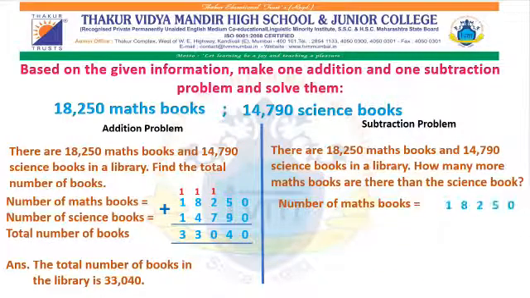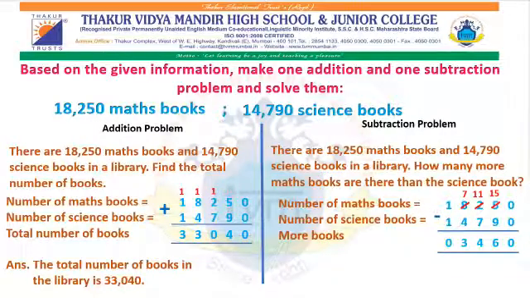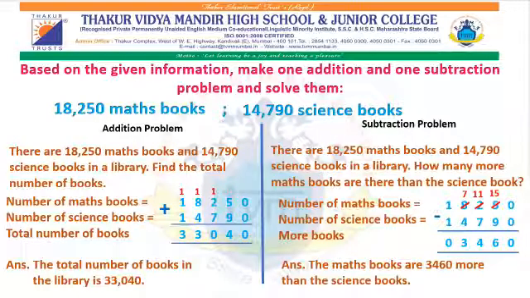Number of maths books, number of science books, more books. So after subtraction, I will get the answer 3,460. Answer is, the maths books are 3,460 more than the science books.